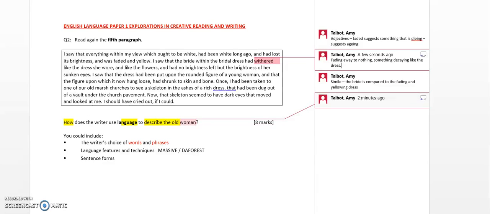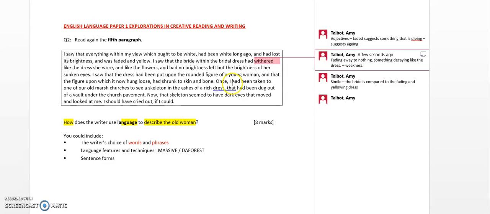So we've got the connection made between the dress, which is decaying, and the woman inside that's decaying. So that's giving me the impression that this woman is sort of decaying and perhaps fading away to nothing. Withered suggests weakness as well.